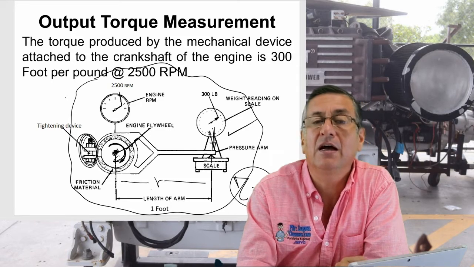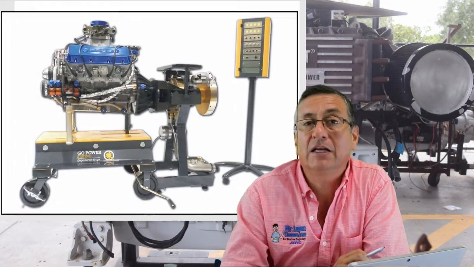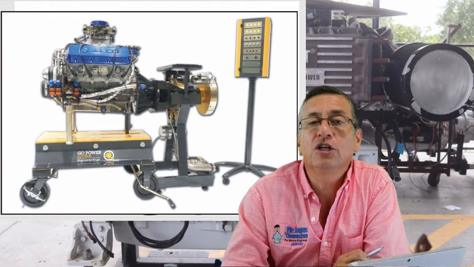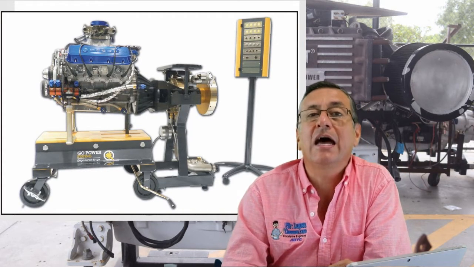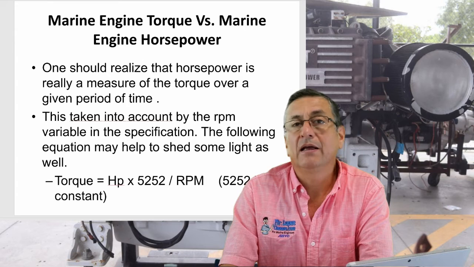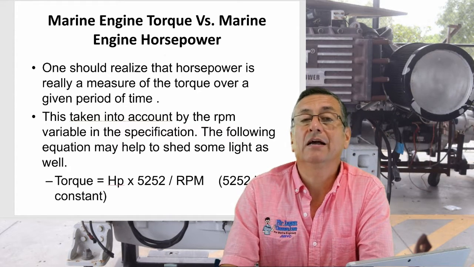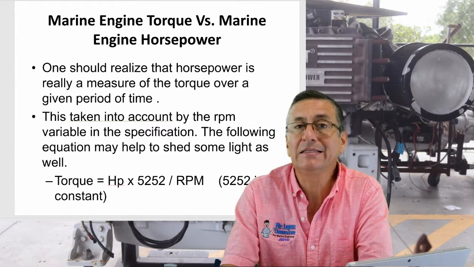This shaft could be the shaft of an electric motor, an electric pump, a gas engine or a diesel engine. This is basically the diagram of the dynamometer. Once again, people think that the most important or critical factor is the horsepower, and no, it's not the horsepower. It's the torque.